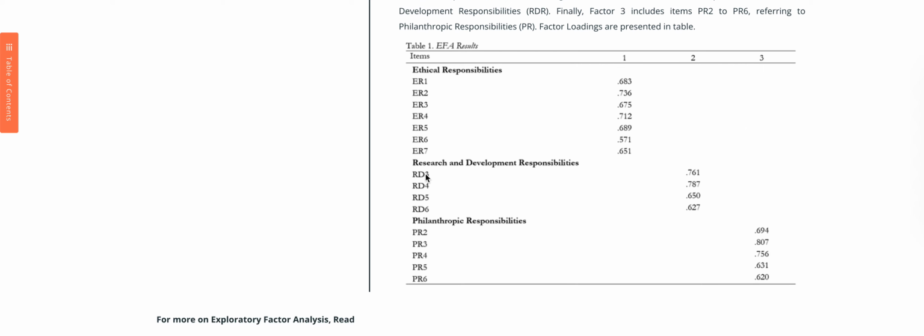Factor 1, including ER1 to ER7, refers to ethical responsibility. Factor 2 refers to the philanthropic responsibility. So here are the items ER1 to ER7, in Table 1, EFA result, research and development, and the philanthropic responsibility.